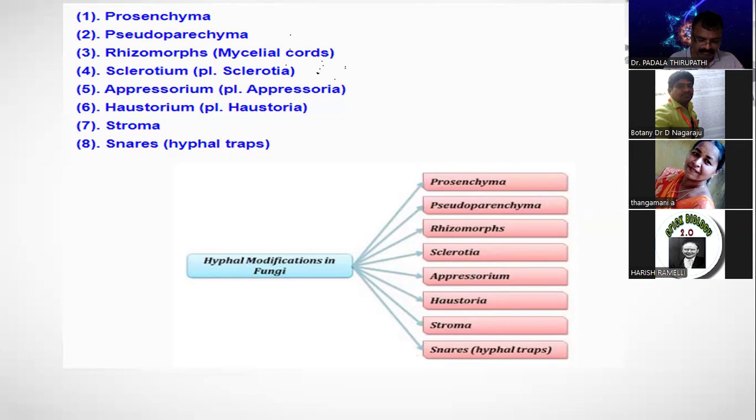Haustoria are present in parasitic fungi, which penetrate into the cell or in between the cells.